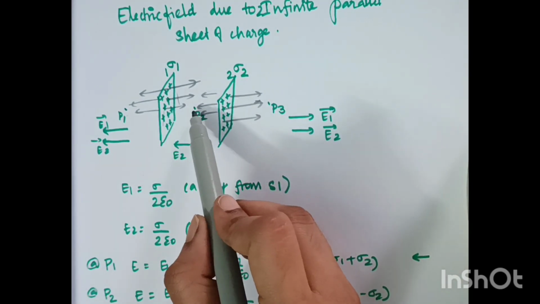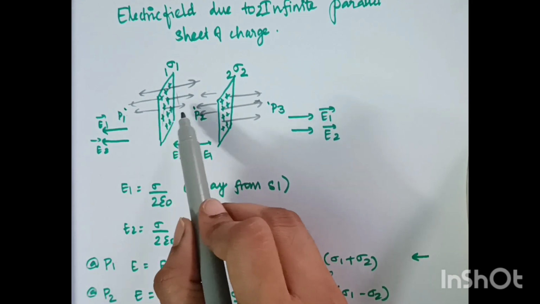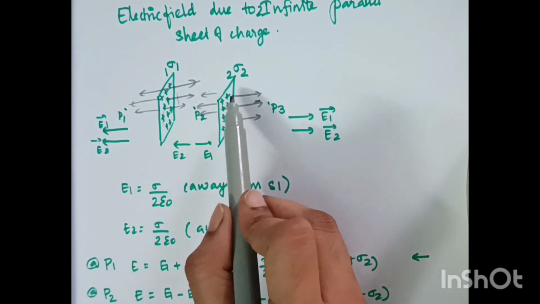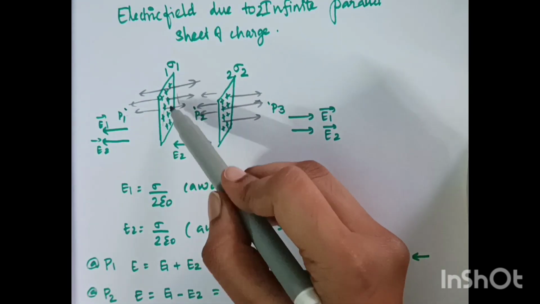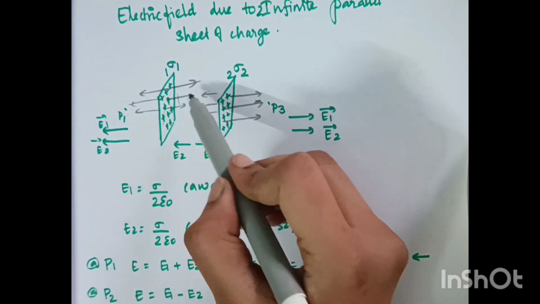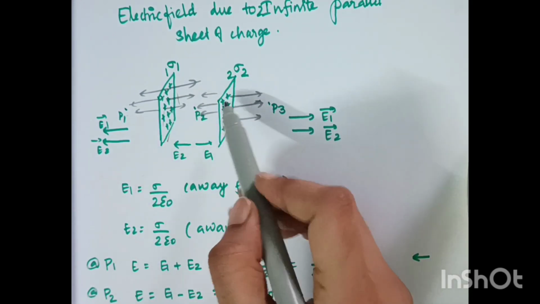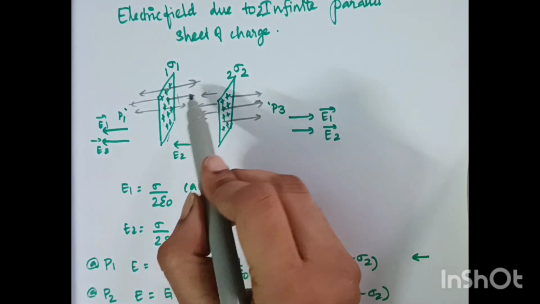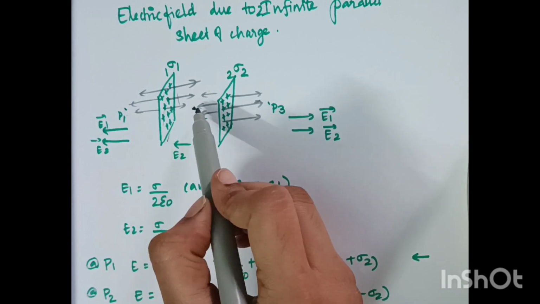Now let us see the case of point P2. This point P2 is located towards the right of sigma 1, or the right of the sheet 1, and towards the left of the sheet 2. Since it is located towards the right of sheet 1, the electric field because of sheet 1 will be directed away from the charges.